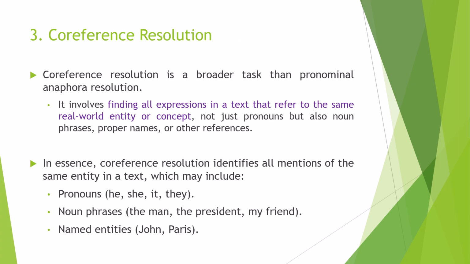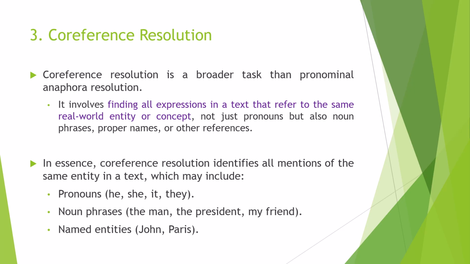The next type of resolution is coreference resolution. This combines all the resolution techniques. It is a broader task than pronominal anaphora resolution. It finds all expressions in a text and checks whether they are referring to the same entity or concept.